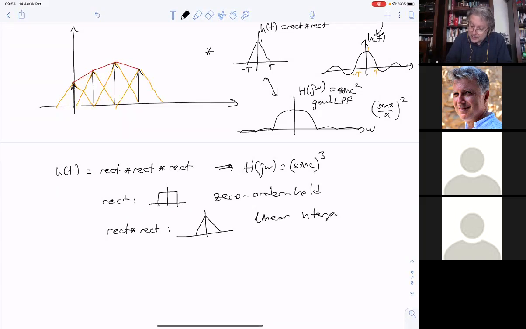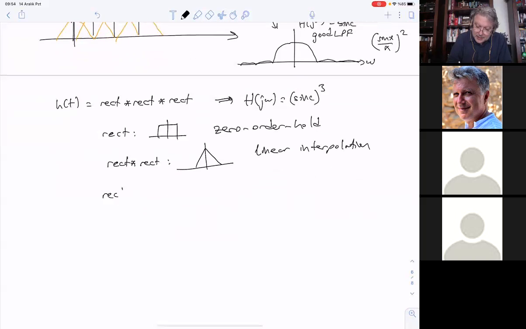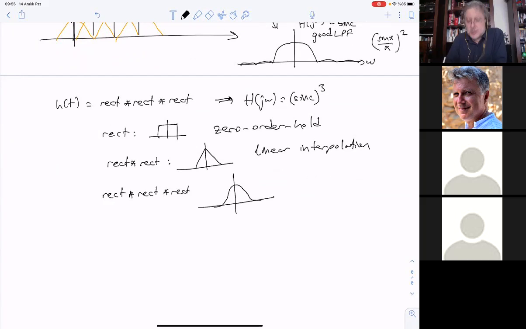And a rectangle convolved with a rectangle convolved with a rectangle will make a smoother shape, and the corresponding interpolation for that is a spline interpolation, or to be precise, a cubic spline interpolation.